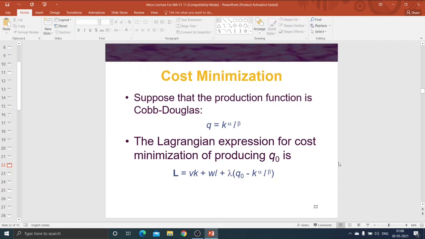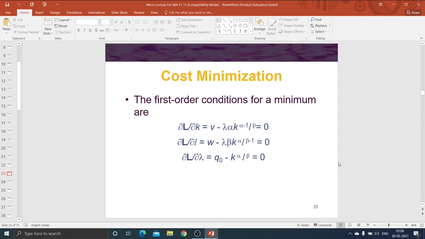Suppose that the production function is Cobb-Douglas, Q equals K^alpha L^beta. The Lagrangian expression for the cost minimization function, as all of you know, is L equals VK plus WL plus lambda times (Q0 minus K^alpha L^beta). As we have said earlier, the first order conditions look like this.